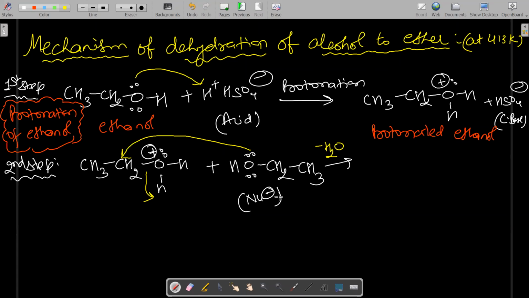So the second ethanol molecule acts as a nucleophile which is attacking the protonated alcohol carbon, and the bond will break to lose the water molecule. What product are we getting? You can write the intermediate product, CH3CH2. At this CH2, this oxygen is attacking, so this oxygen atom, due to the loss of its lone pair, carries a positive charge.